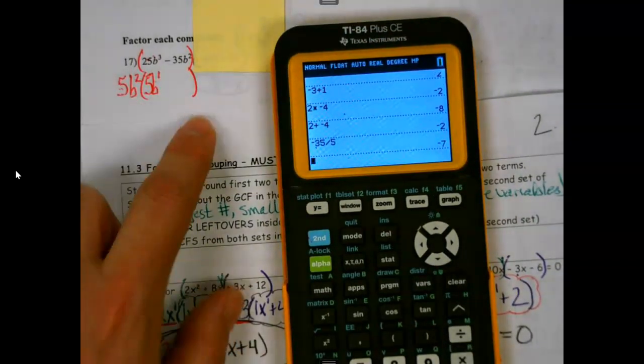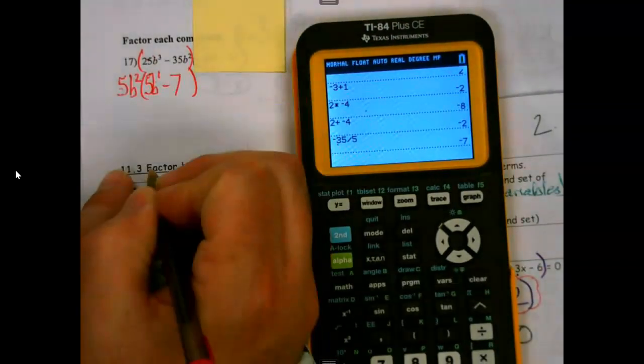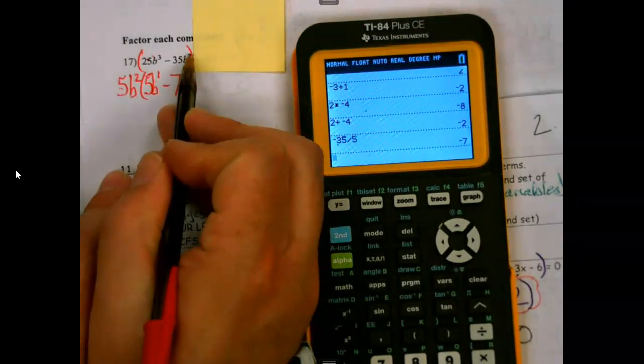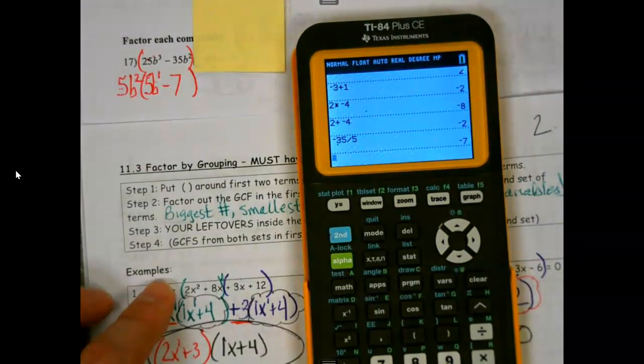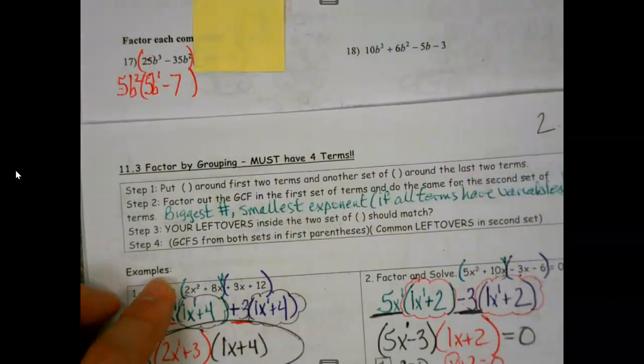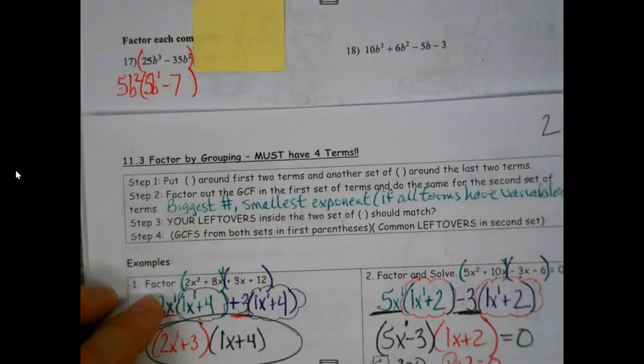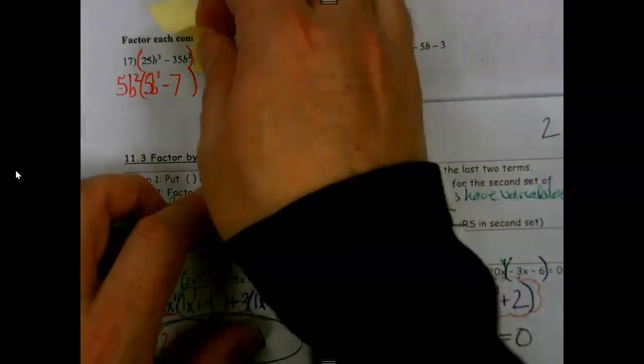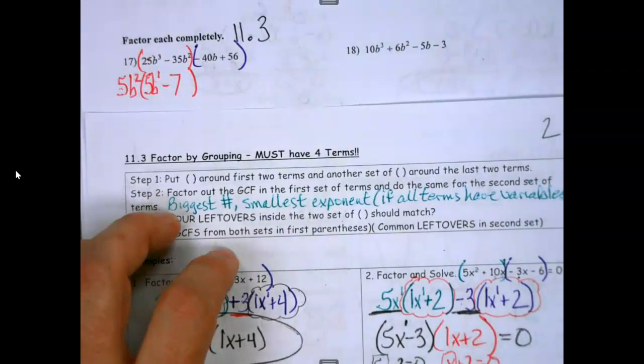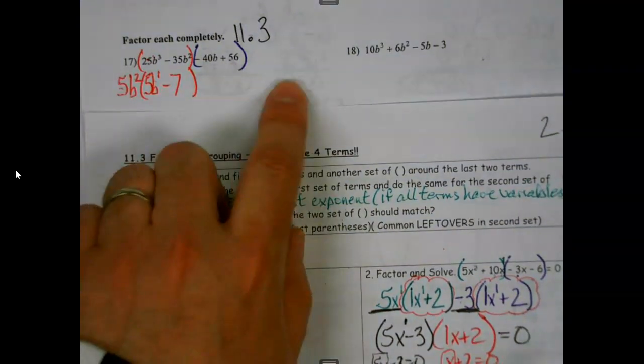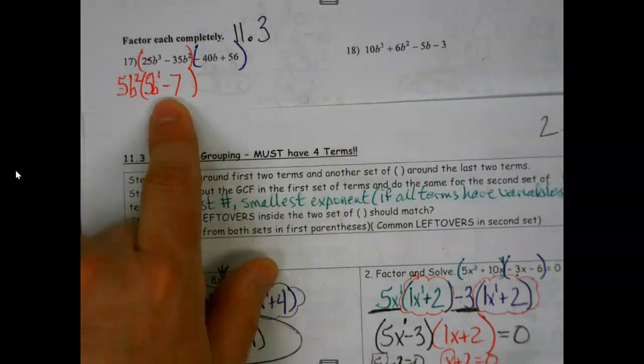Negative 35 divided by 5 is negative 7. Subtract the exponents. 2 minus 2 is 0, so no more b's. That's the only one that I need this time. And if we remember back to when we were doing this, you now have a clue for the second part, which is when I get to the end, the leftovers in the parentheses should be the same. We're hoping.